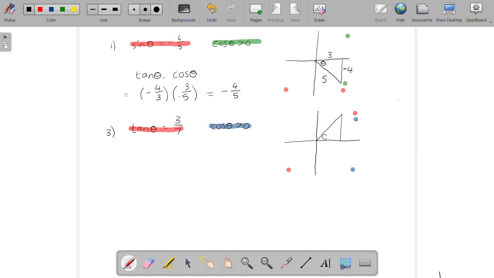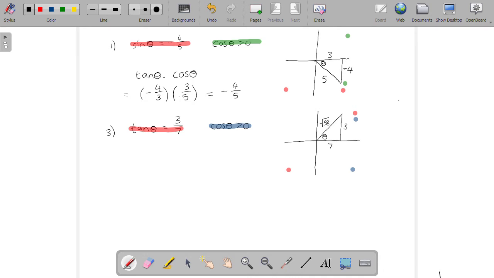Okay, theta lê daar, so 3 goes there and 7 goes there. Almal seker hoe ek daarby uitgekom het? Y is gelyk aan 3, x is gelyk aan 7. Which gives me root 58 here.